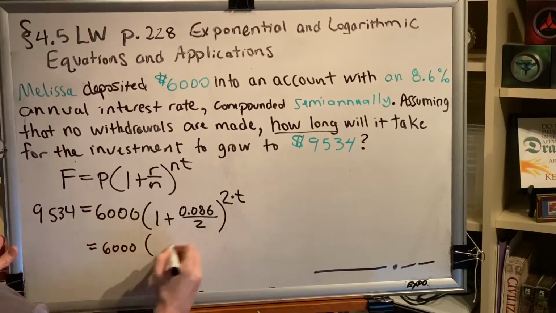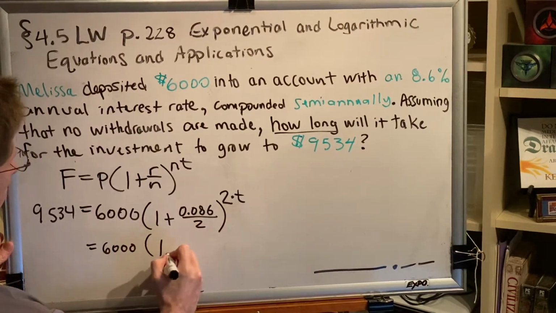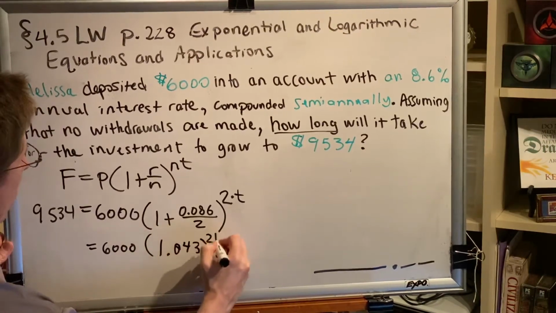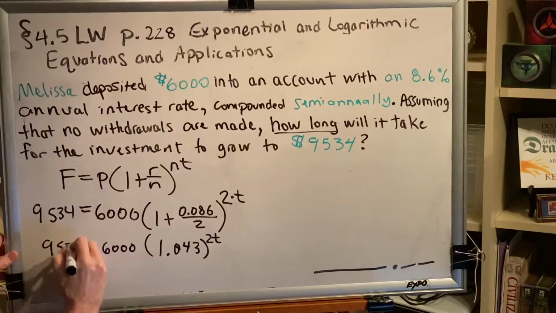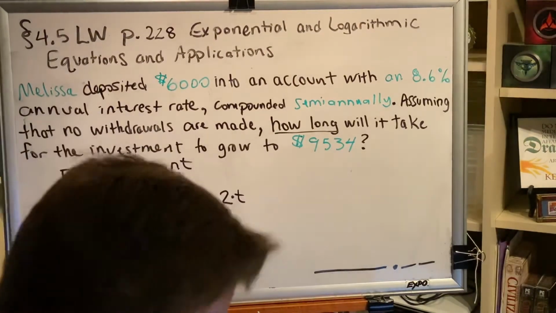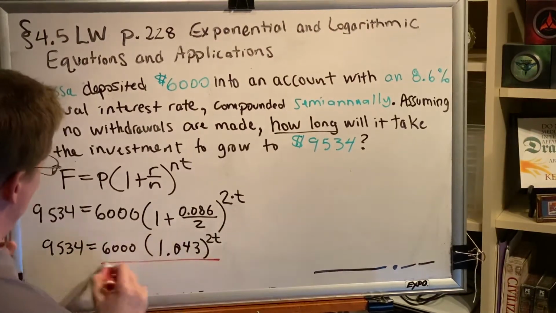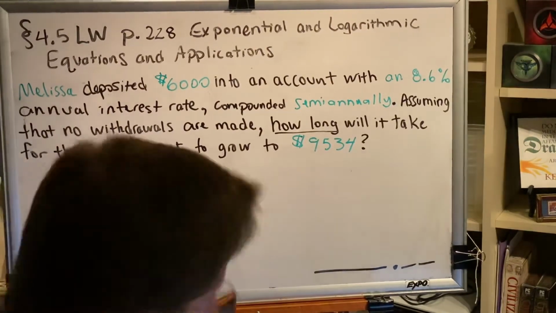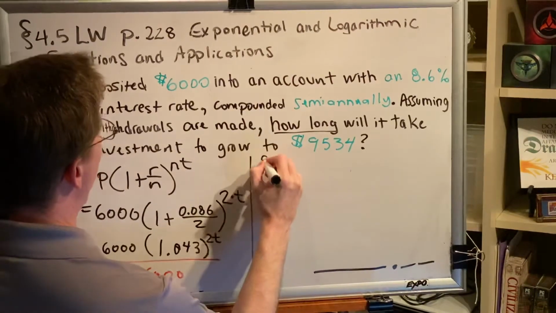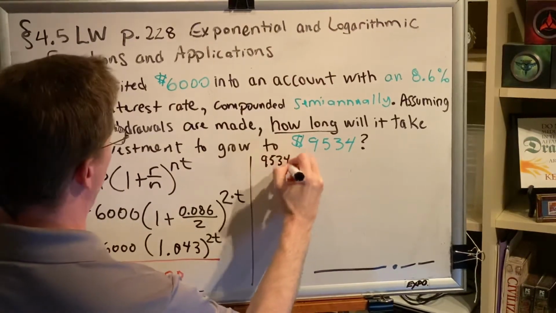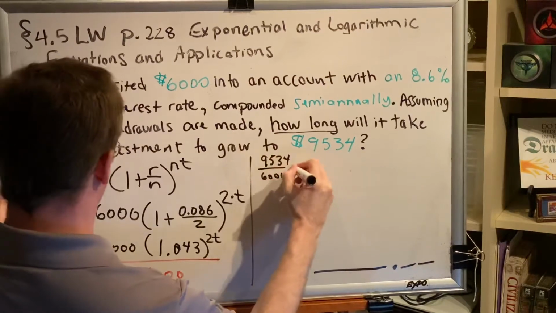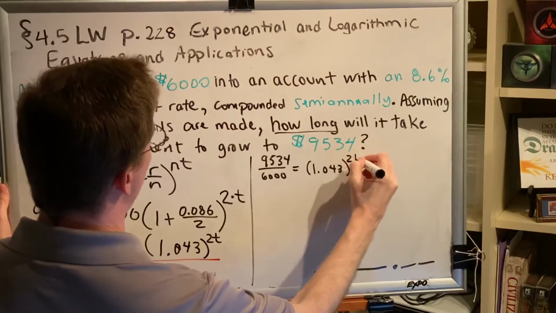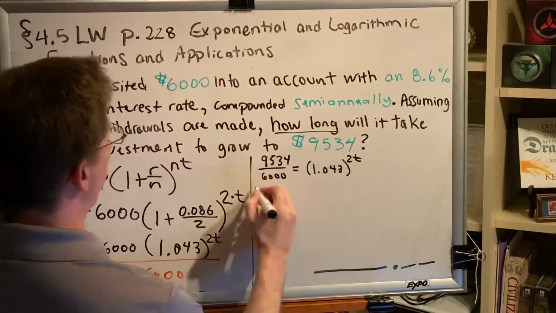All right, great, let's go ahead and solve this. The first thing I'm going to do is work inside my parentheses here, and this is going to give me 1.043 to the 2t power. Everything else is the same. I'm going to divide by 6,000 on both sides. So then I'm going to have 9,534 over 6,000 equals 1.043 to the 2t power. I'm going to take the log of both sides.